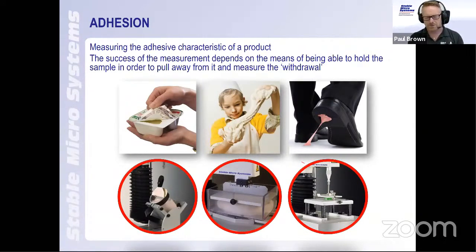A very good example would be a sticking plaster that you would put on your skin. I know potentially it's not in your area of requirement, but think of a sticking plaster. If you put it on your skin and it just fell off, that's not adhesive. But you also want to make sure that the adhesion is not so hard that you can never get it off. And that's really where we would look within adhesion.